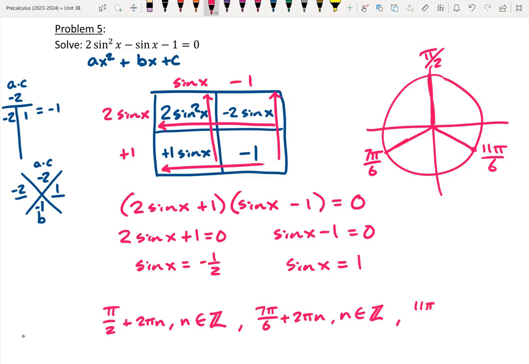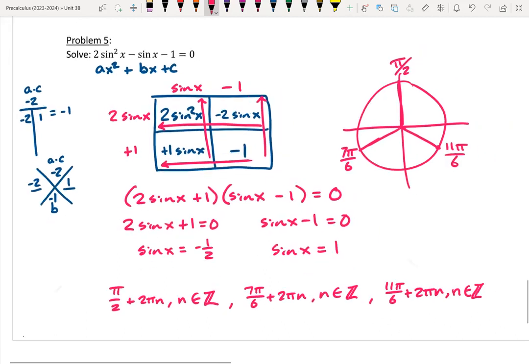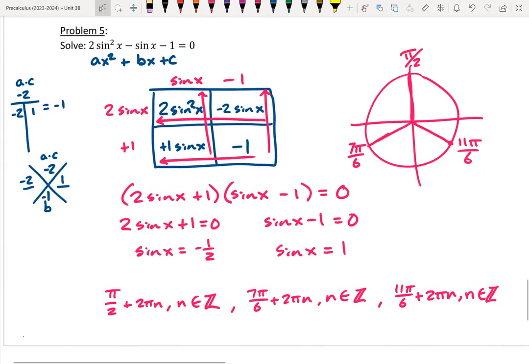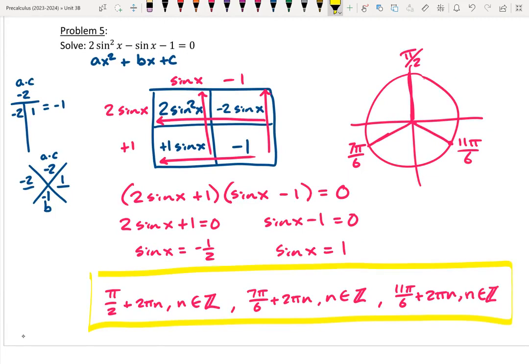And 11 pi over 6 plus 2 pi n, n is an element of integers. And that would be the correct answer. This one can be written as just one solution. If you want to think about what that would be, you can. But I'm going to go ahead and leave it there with those three statements as my answers.